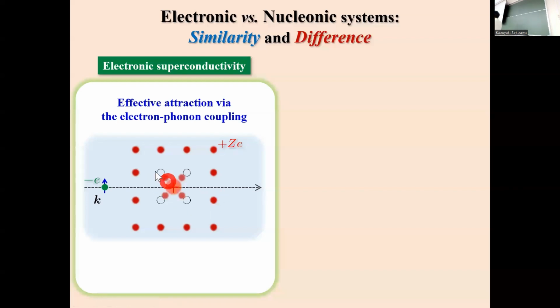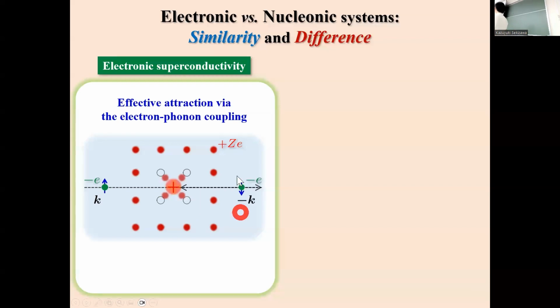When some ions are attracted by electrons, their positions may shrink around somewhere here. And then if we look at this density distribution, effectively, there is a positively charged region.